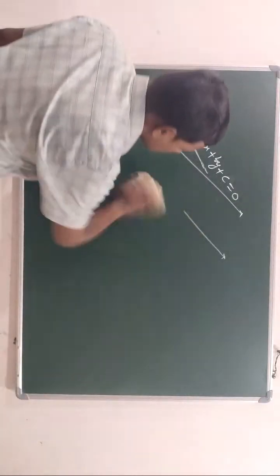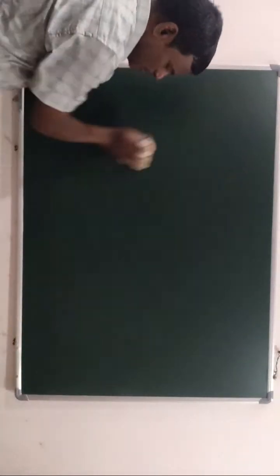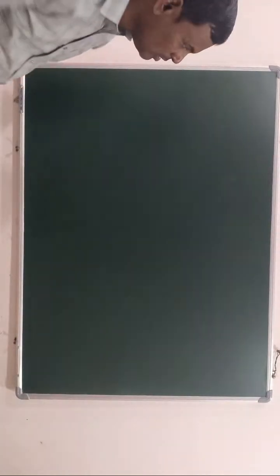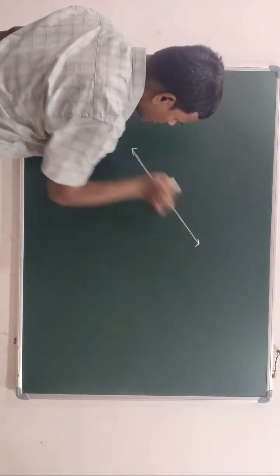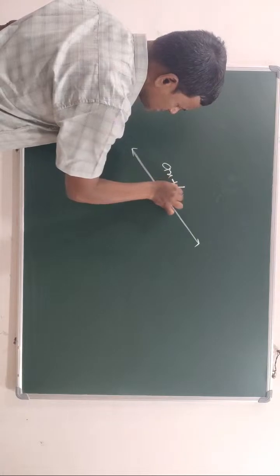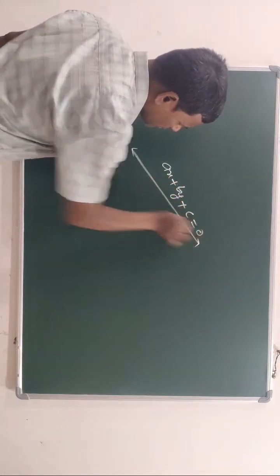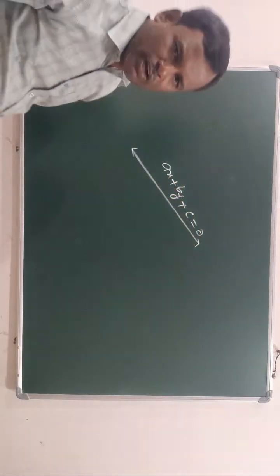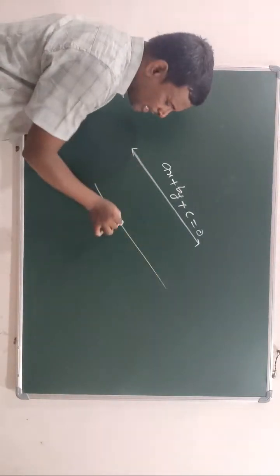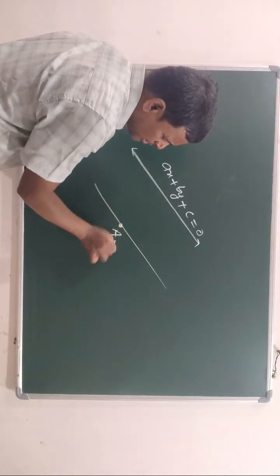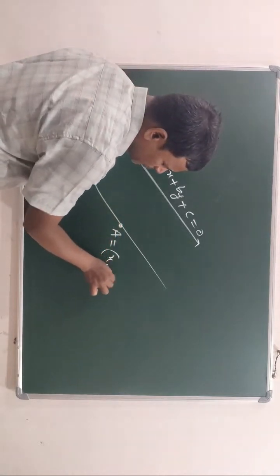Right. Next, I am giving you one line equation whose equation is ax plus by plus c equal to 0. Now I am asking you to find one more line equation which is parallel to this given line and passing through a point x1 comma y1.